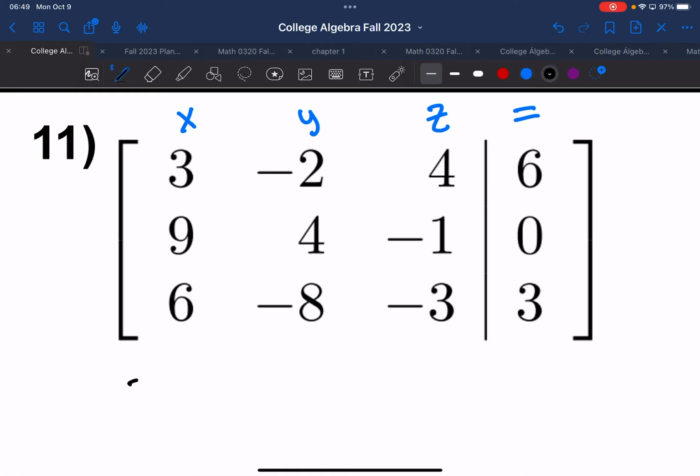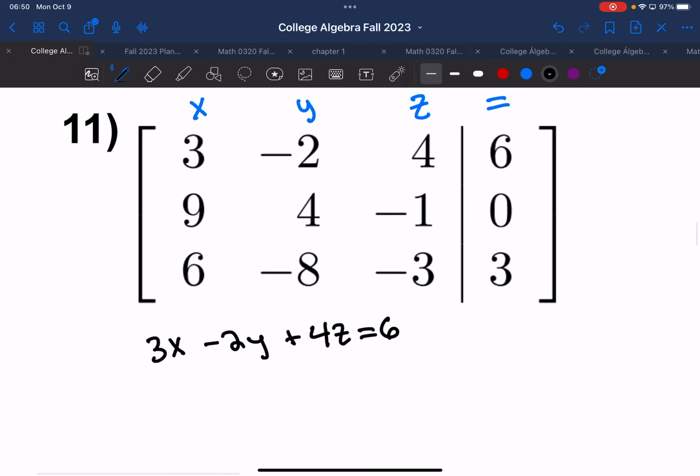So we would have 3x minus 2y plus 4z equals 6. Taking all the numbers in that first row, placing them as coefficients in front of our x, y, and z variables. Okay.